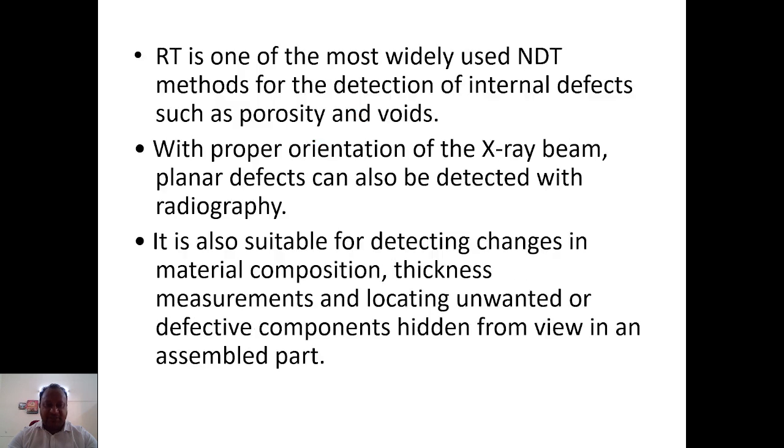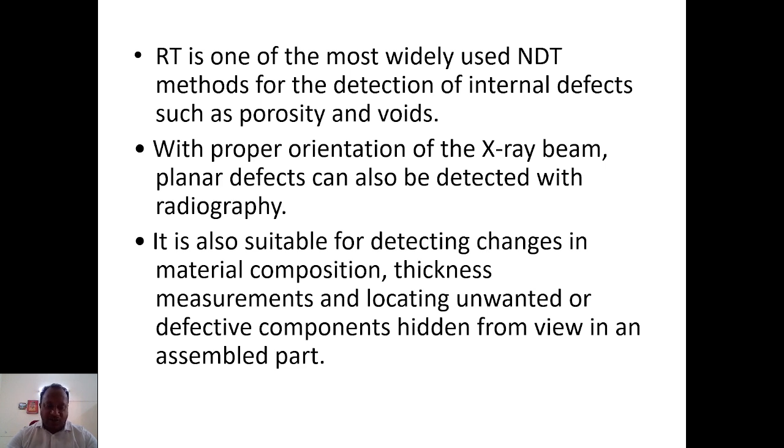Radiographic testing is mostly used in detection of internal defects, porosity and voids. In castings, defects such as slag holes can cause porosity, and with proper orientation of the X-ray beam, planar defects can be detected with the radiograph. Moreover, it is suitable for detecting changes in material composition and thickness hidden from view in the assembled part.